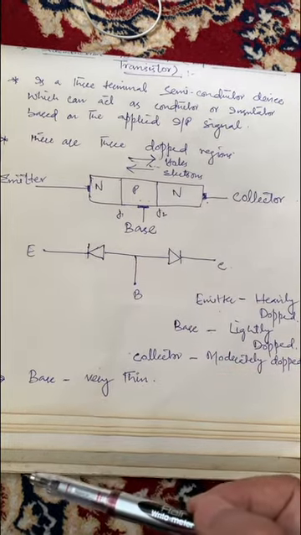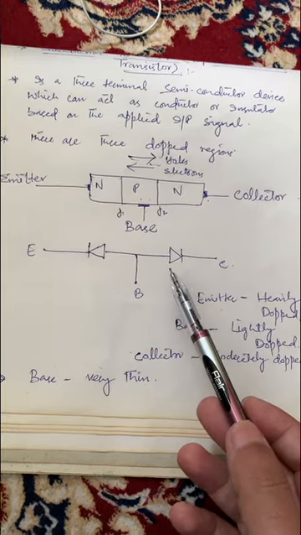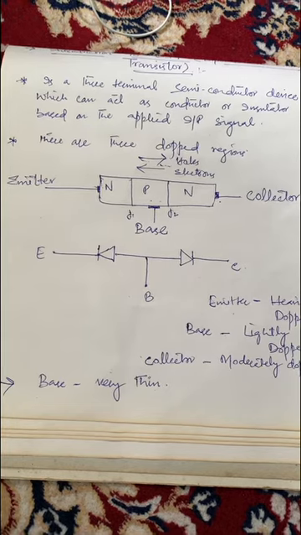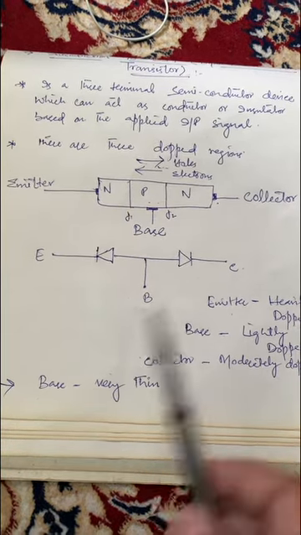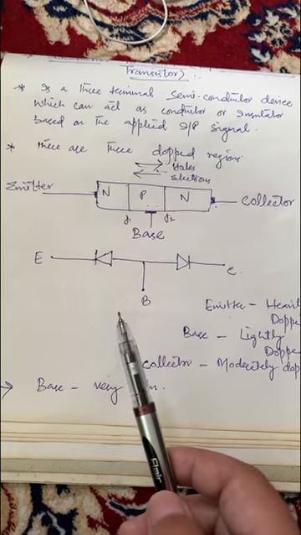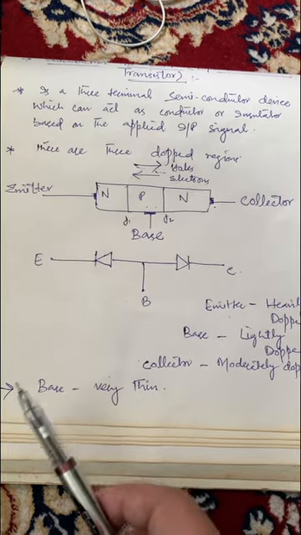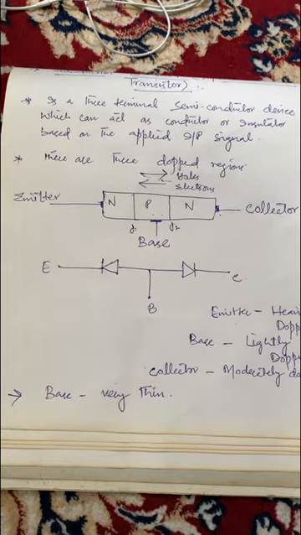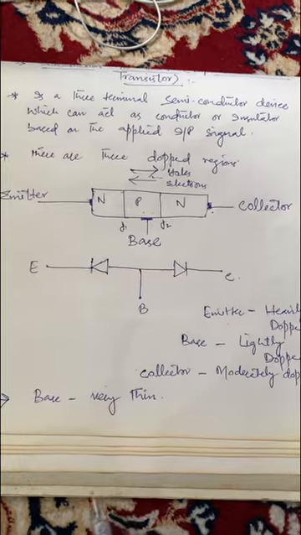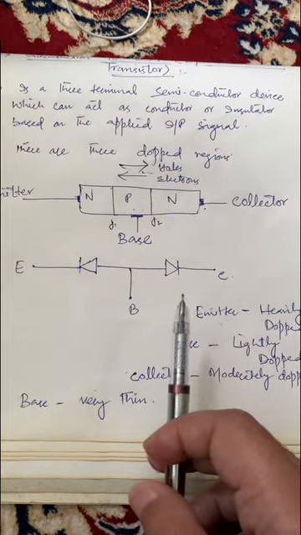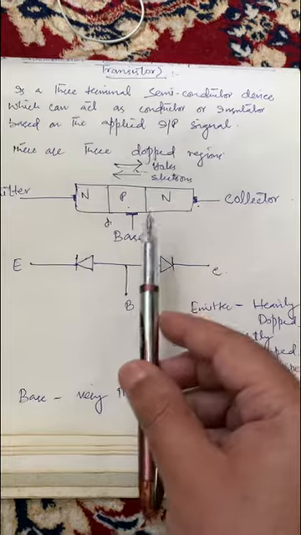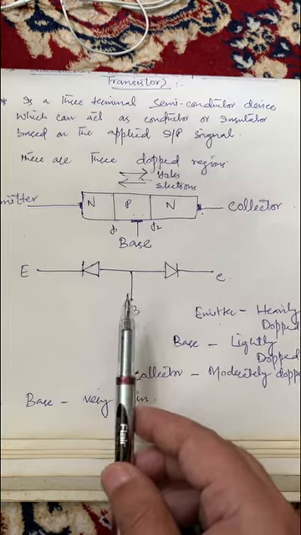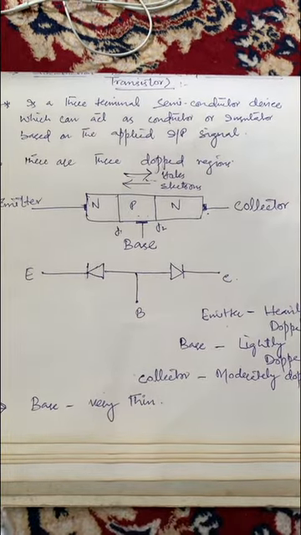It appears as if two back-to-back diodes are connected in series, but it won't behave like that, because when we connect two back-to-back diodes, we are assuming that there is no interaction between them. That means these two diodes are operating independently, but in case of BJT, there is an interaction between the two regions. So if we connect these two back-to-back diodes like this, then it won't be like a BJT.